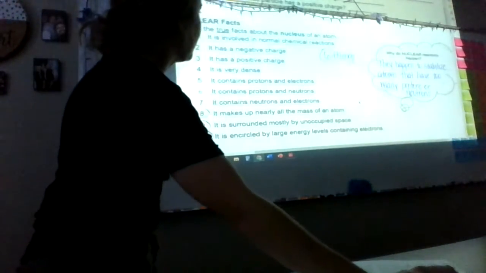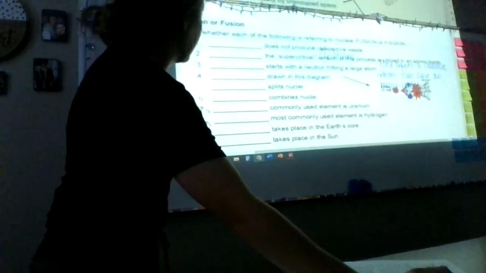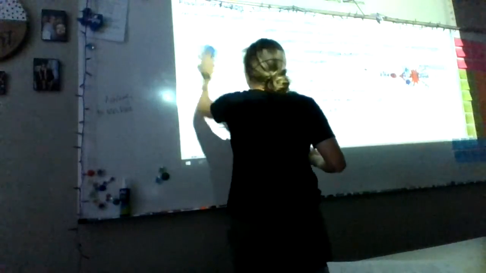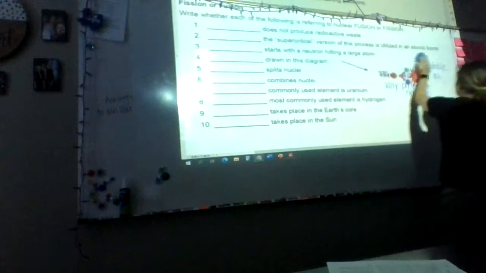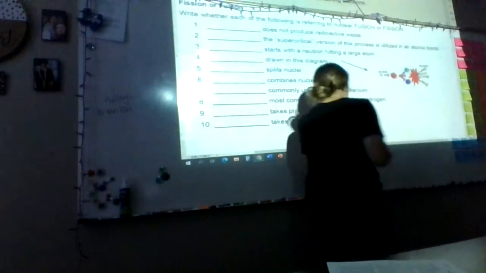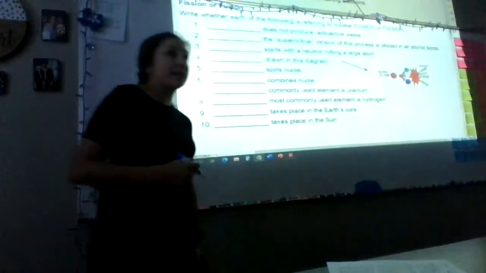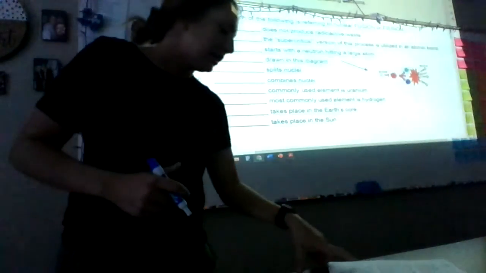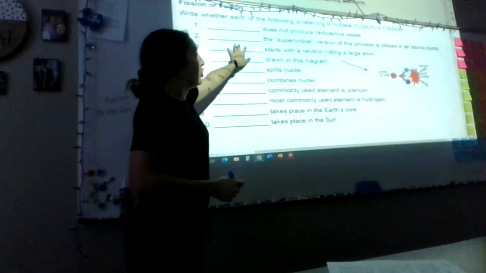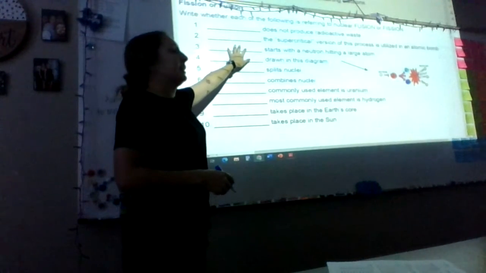Now, let's look at the fission and fusion section at the bottom. We're going to read these statements and decide if it's talking about fission or fusion. Let's do number 2. The supercritical version of this process is utilized in an atomic bomb.